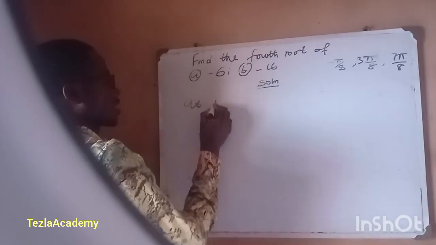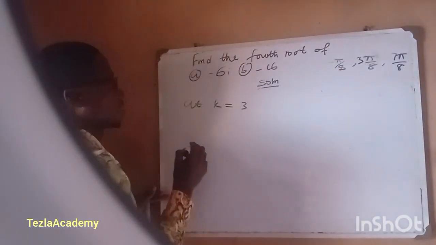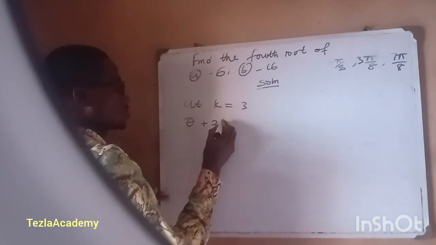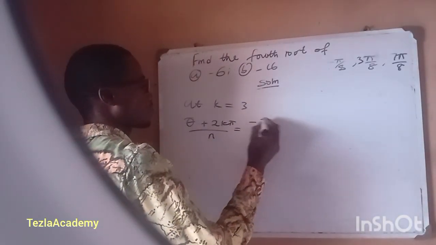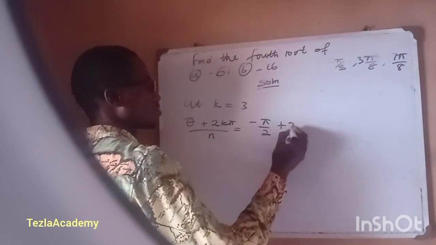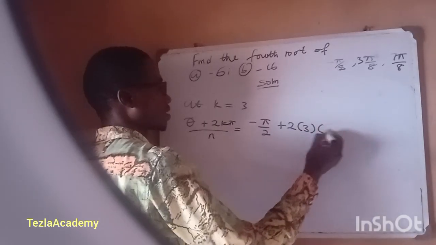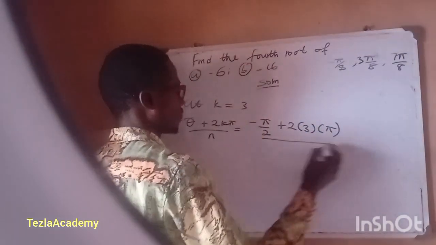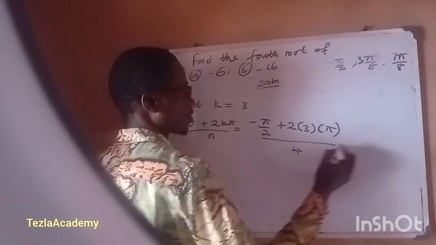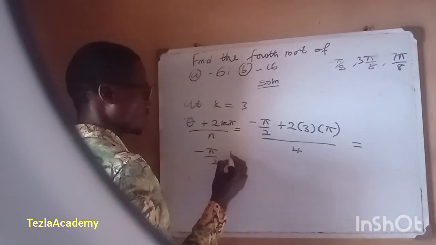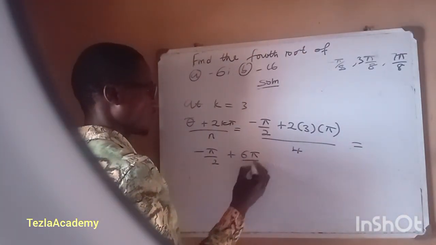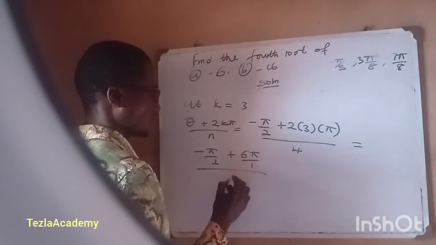At k equals 3, our theta plus 2k pi all over n equals minus pi over 2 plus 2 bracket, k is 3, times pi all over 4, equals minus pi over 2 plus 6 pi over 1 all over 4.